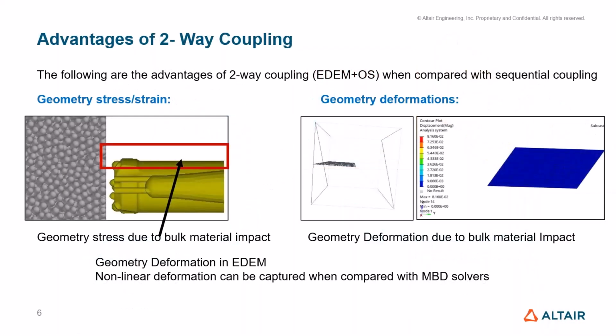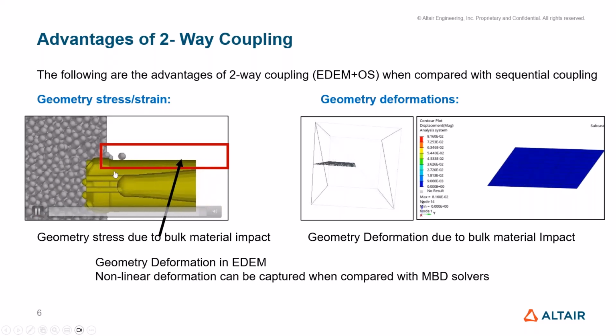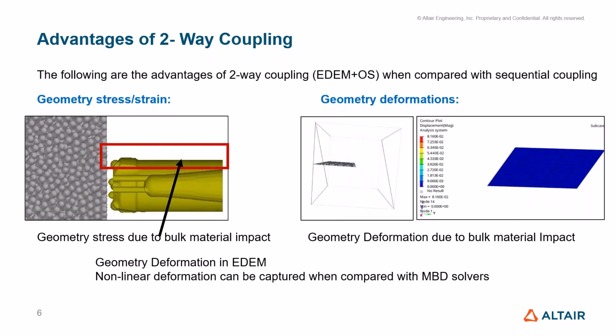What are the advantages of two-way coupling compared to one-way or sequential coupling? First and foremost, in some applications, after material cutting there will be material flow over the equipment, which plays a crucial role in generating large forces and stresses, or even wear on the equipment. Simulating such behavior is not possible with sequential or one-way coupling.